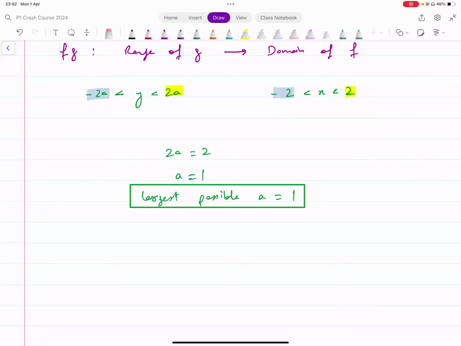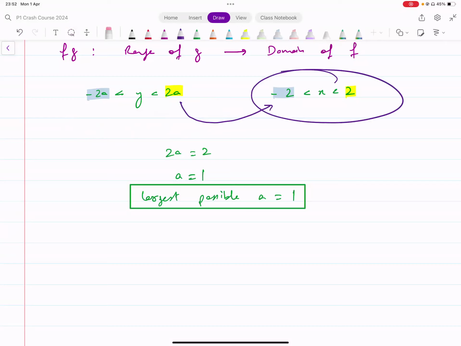If a was bigger than 1, let's suppose 3, the range of this function would become minus 6 to 6, and then you can't input that in function f anymore because it's not part of that domain. So what's the largest possible value of a that you can have? You can have it equal to 1, because then you'd be able to input all of that in the function f. Otherwise, you would not be able to do that. So that's the largest possible value of a, 1.